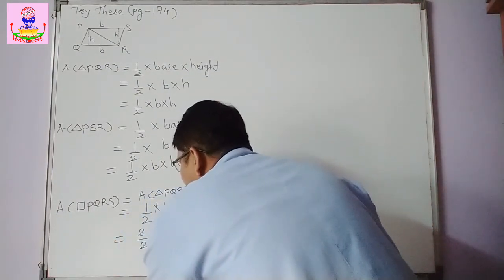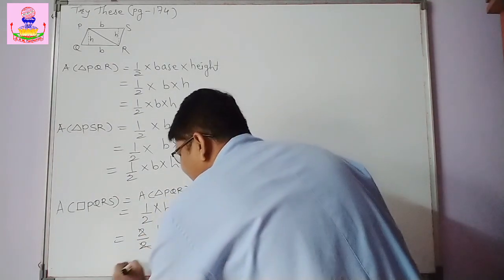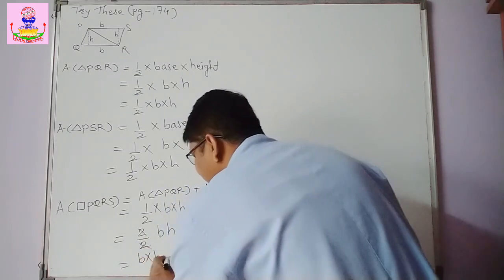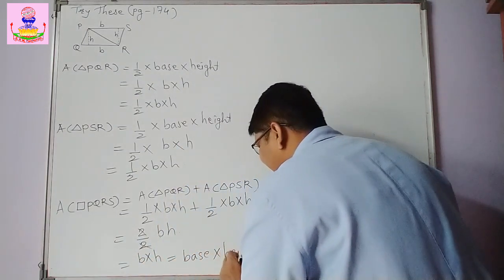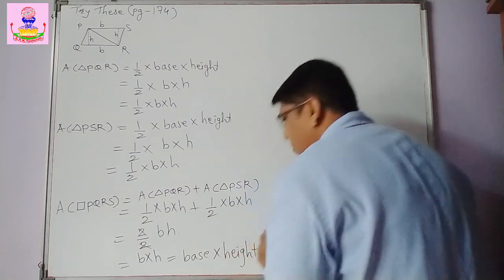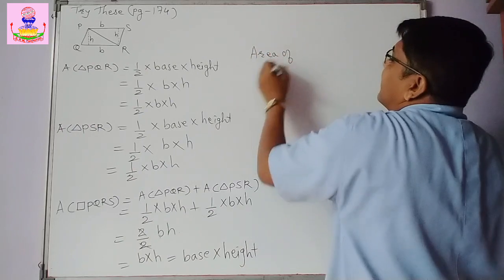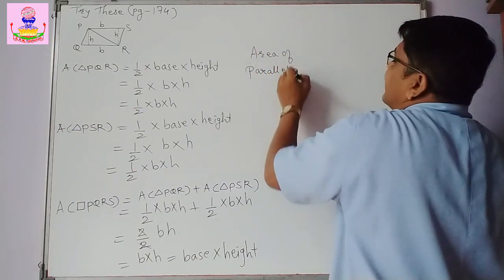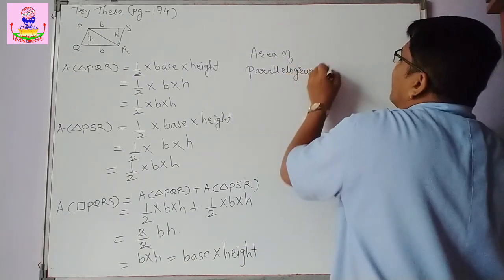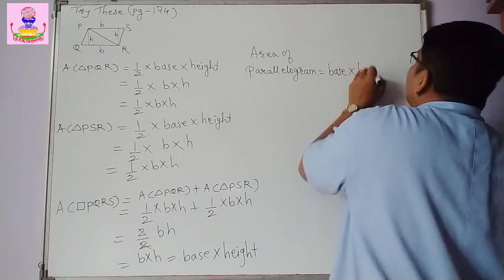So 2 upon 2 BH. Now 2 gets cancelled. So what is it? B into H. That is base into height. So area of parallelogram is equivalent to base into height.